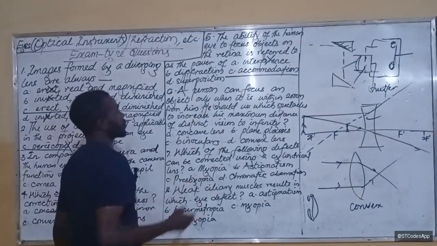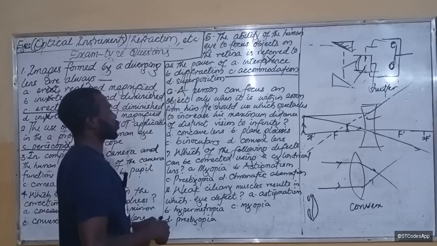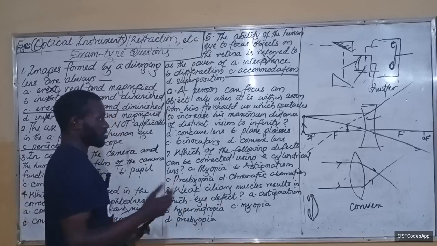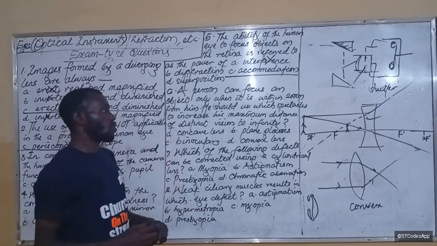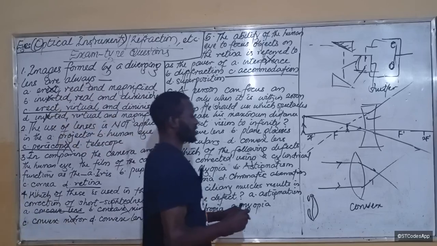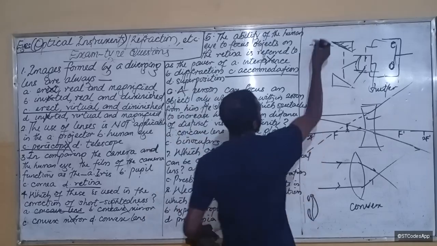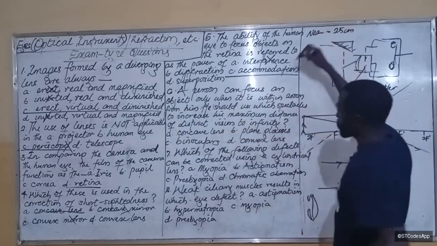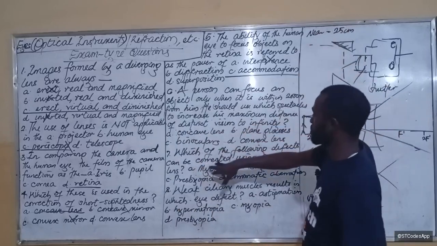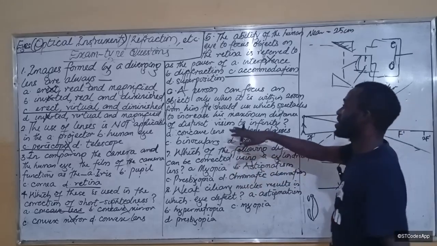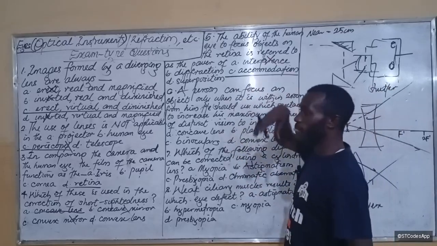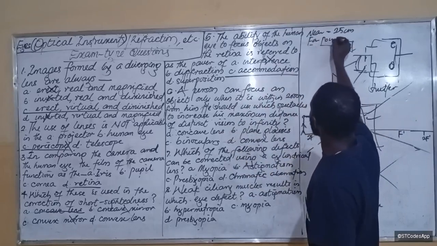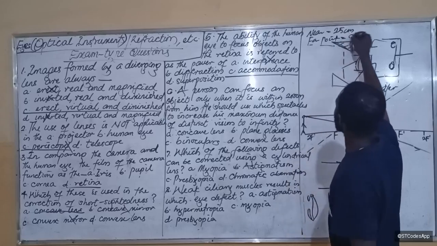Now, a person can focus an object only when it is within 200 centimeters from him. He should use which spectacles to increase his maximum distance of vision to infinity? Now you know the human near point is 25 centimeters. So that they are putting 200 centimeters here does not mean it's long-sighted. The person is actually short-sighted, because our far point is actually infinity.